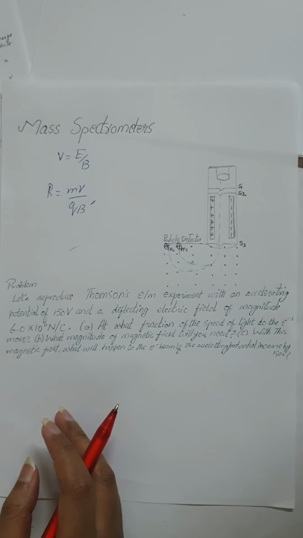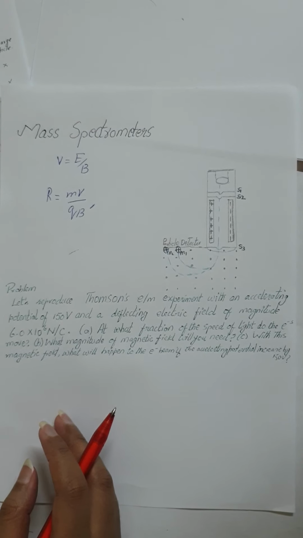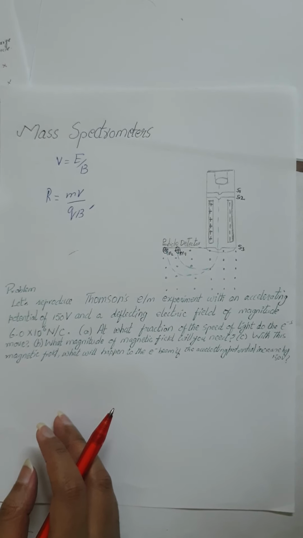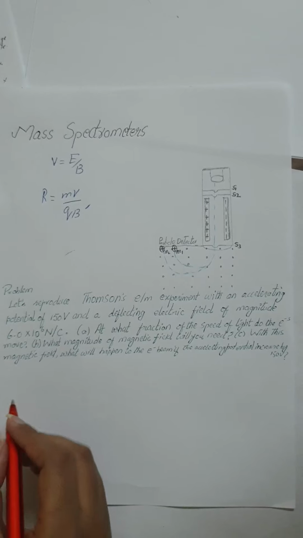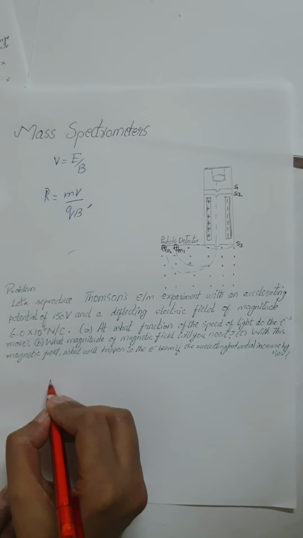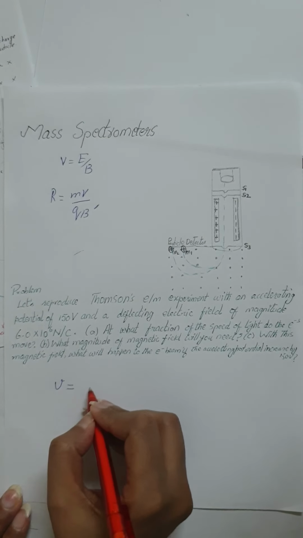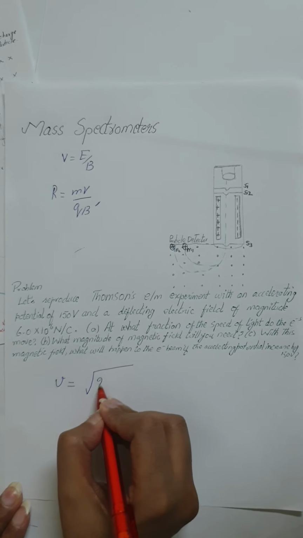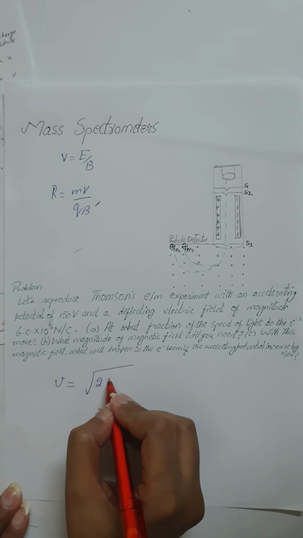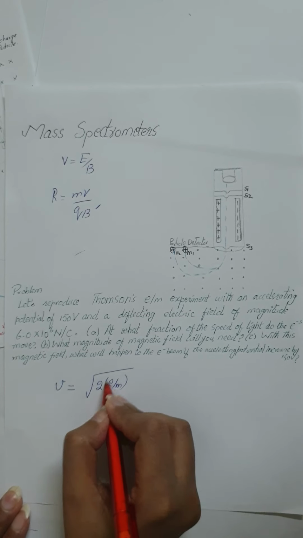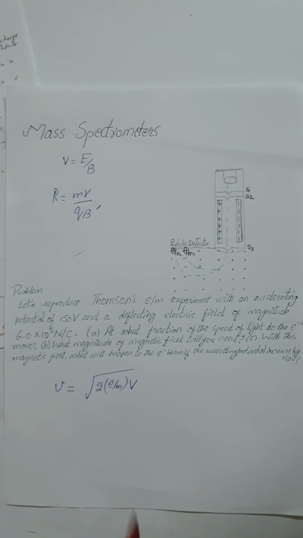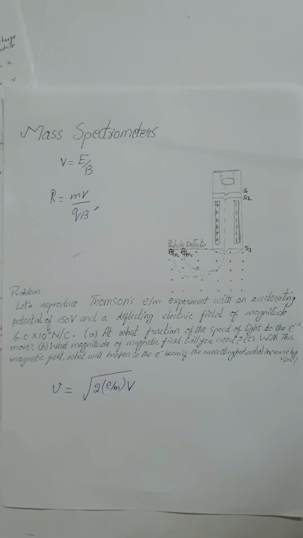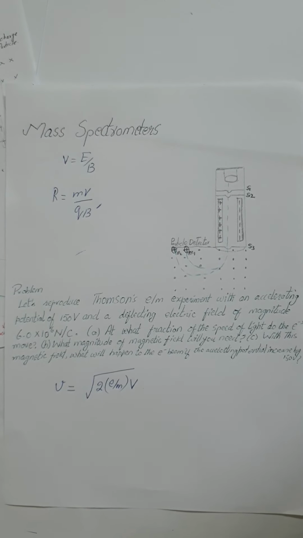So we know that to determine the speed of the electron we will use the equation v = square root of 2(e/m)V.